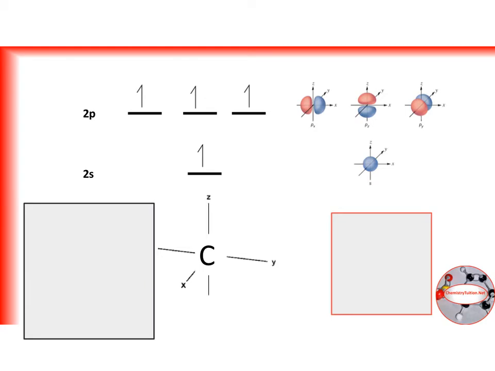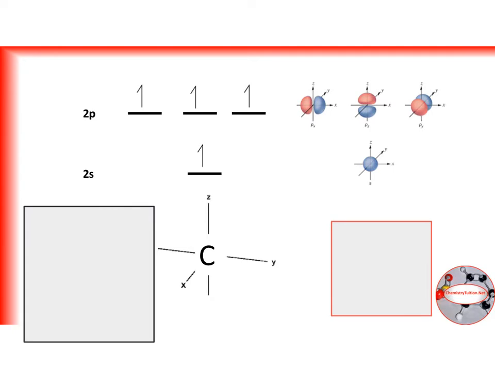So when we come to think about how these orbitals are arranged, we have our 2px lying on this axis, our 2py lying along this axis, and our 2pz lying along this axis.